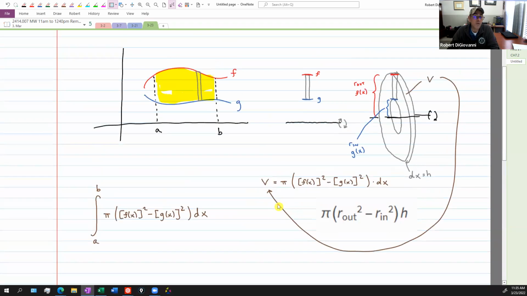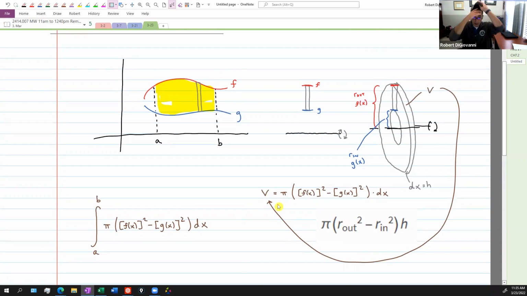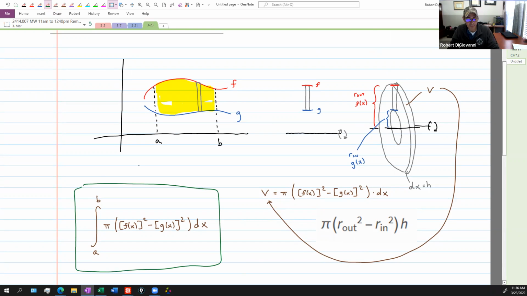So let me run through this again, because there's something very subtle here that I want you to understand. This formula is nice, but this is not the way that I want you to think about it. It's not always going to be just square your f function, take away your g function squared. It's not always going to be that, and you'll see why in a minute.